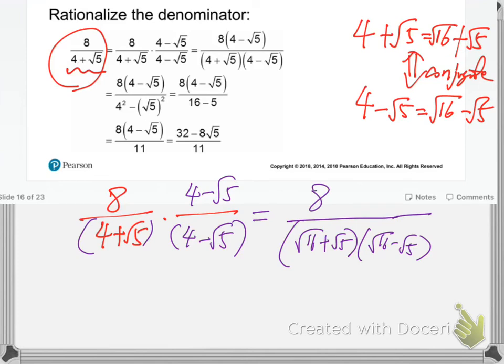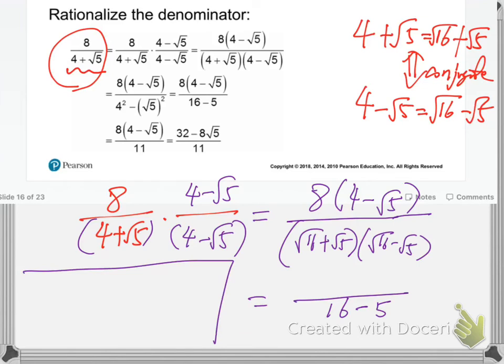The top is 8 times 4 minus radical 5. The denominator is easier. Here we use this formula again: radical A plus radical B times radical A minus radical B is A minus B. So the denominator is 16 minus 5.